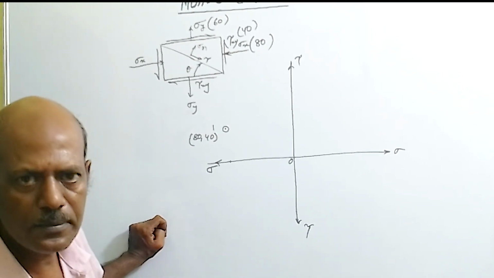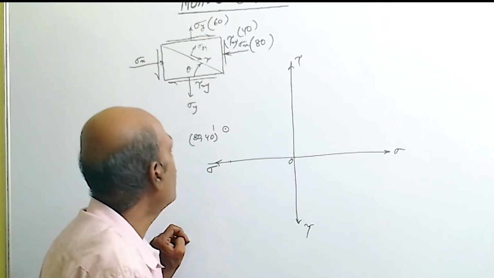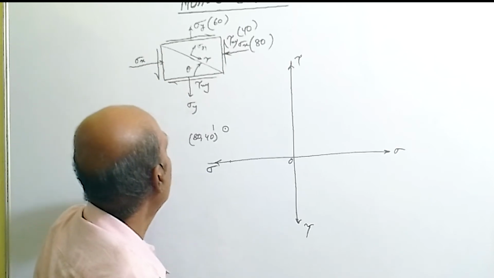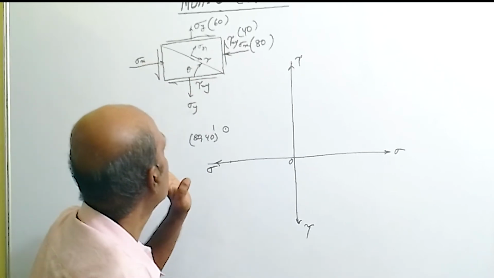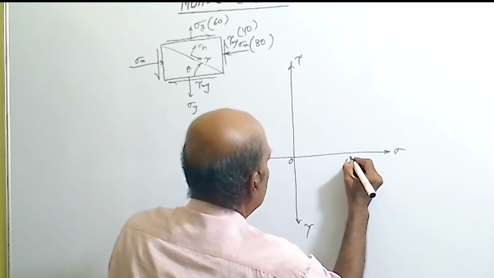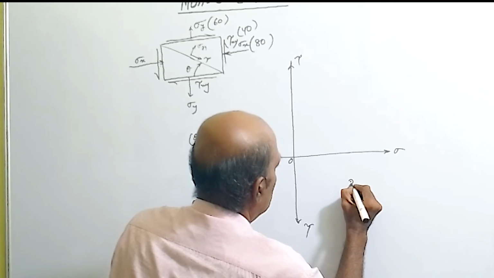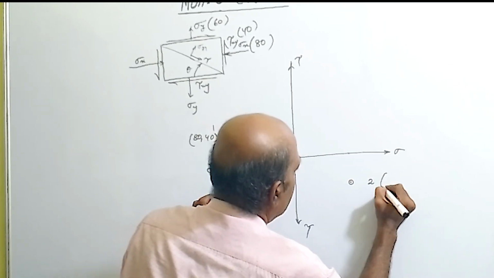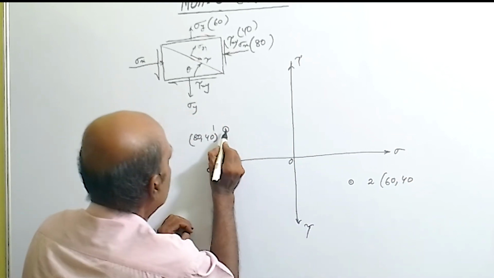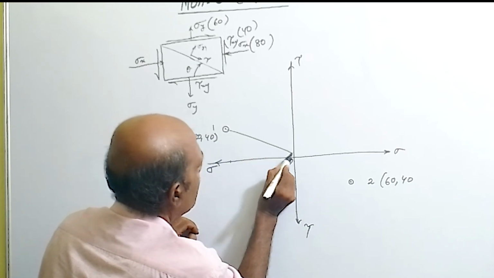Now go to the y phase, check the condition, that is sigma y positive and tau is negative. Sigma y is 60 and tau is 40. So by using the same scale, say this one is 60 and let this one be 40. So we have got the second point, that is 60, 40. Now join point 1 and point 2 by a straight line.